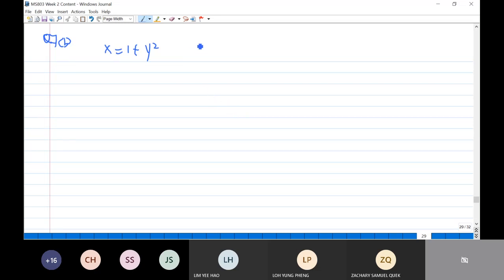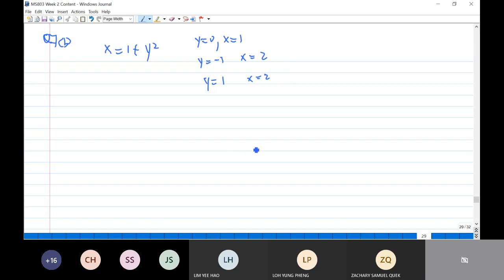So with y equal to 0, x equal to 1. y equal to -1, then x equal to, sorry, x equal to 2. So when y equal to 1, x is also 2.